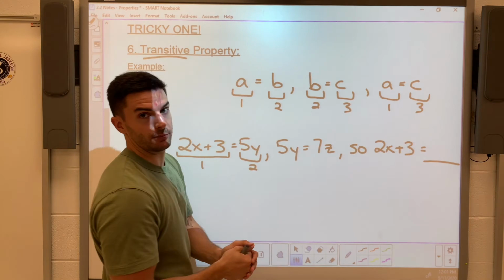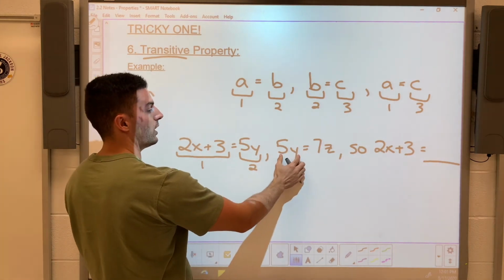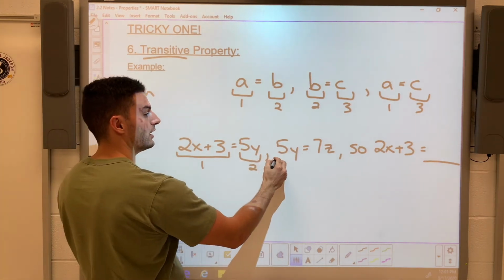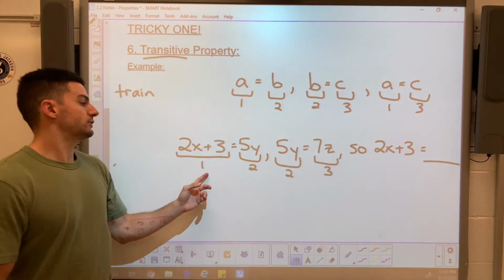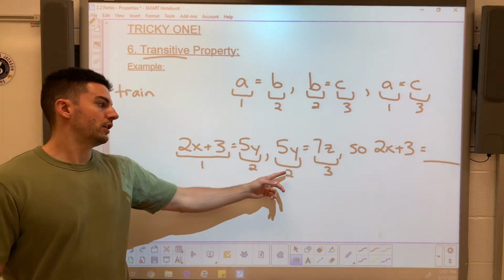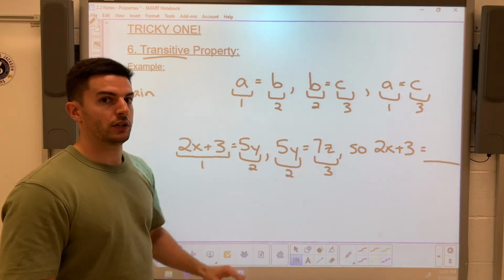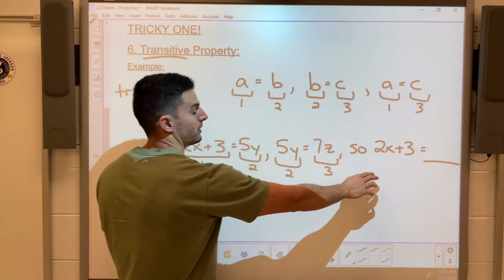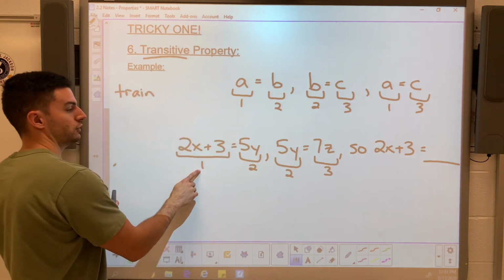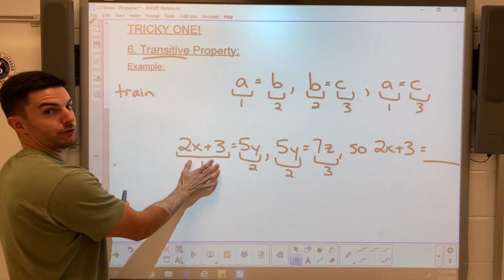And then we move on to statement 2. Okay, the second statement says 5y. Again, that same second thing equals some third thing, some other unknown thing. So thing 1 equals thing 2 equals thing 3. So that means the resulting statement is 2x plus 3. And again, you look back, 2x plus 3 is my first unknown thing.